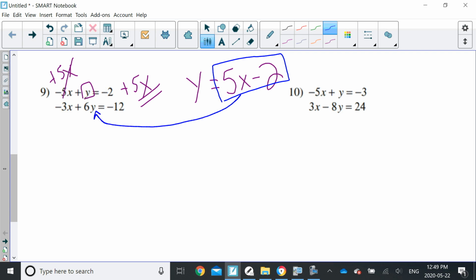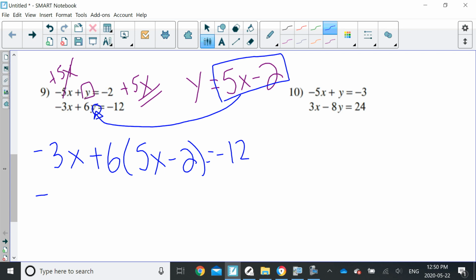It always goes into the other system. You solve for one of the letters in one of the systems. In this case, I solved for the letter y in the first system. I have to plug that into the second system. So negative 3x plus 6, y comes out, and 5x minus 2 goes in, and that's equal to negative 12.